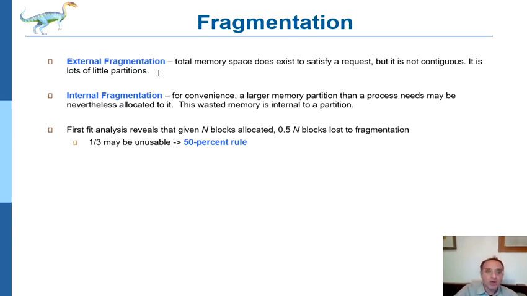Now, there's something else called internal fragmentation, and that's when, let's say we decide that we're going to give every process memory in units of 10 megabytes. So a process that needs 11 megabytes, we're going to give it 20 megabytes because we can't give it less than 11, and we always give it in units of 10, even though it only needs 11. We're going to allocate every process in units of 10.